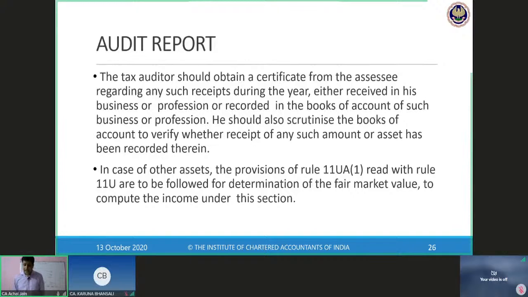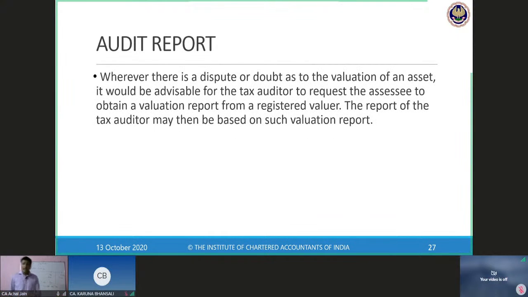In case of other assets, the provisions of Rule 11UA read with 11U are to be followed for determination of fair market value. Wherever there is a dispute or doubt as to the valuation of the asset, the auditor would be advised to request the assessee to obtain the valuation report.